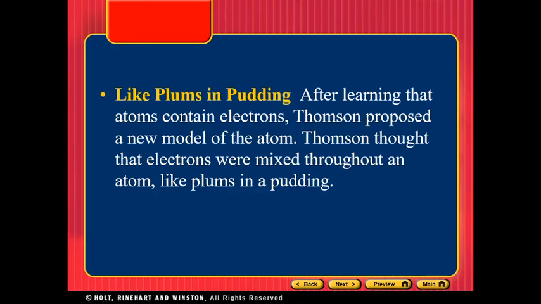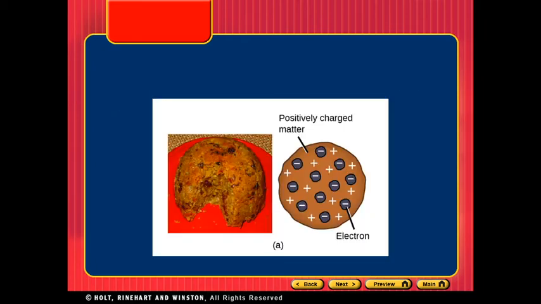So after learning that atoms contain electrons, Thomson proposed a new model of the atom. Thomson thought that electrons were mixed throughout an atom like plums in a pudding. This is the picture. During his time, this was the famous dessert, plum pudding.